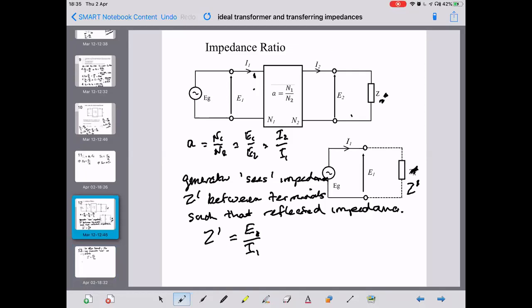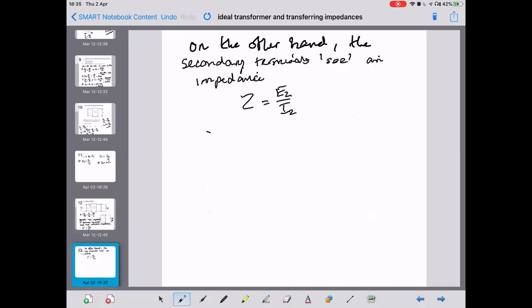And if I gave you the secondary voltage and the secondary current, you could calculate the impedance connected. So what we can do now is say Z dash, we've already said this, is equal to E1 over I1.